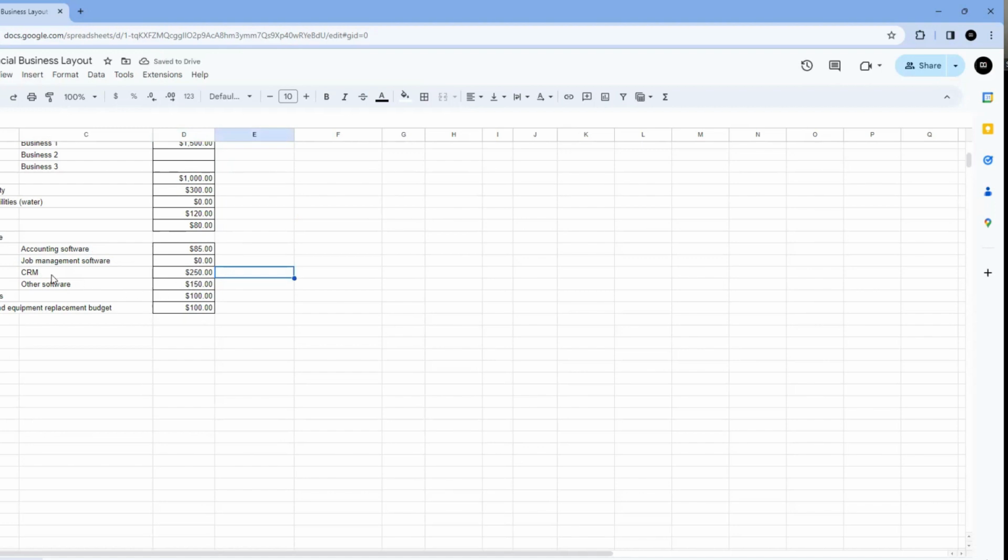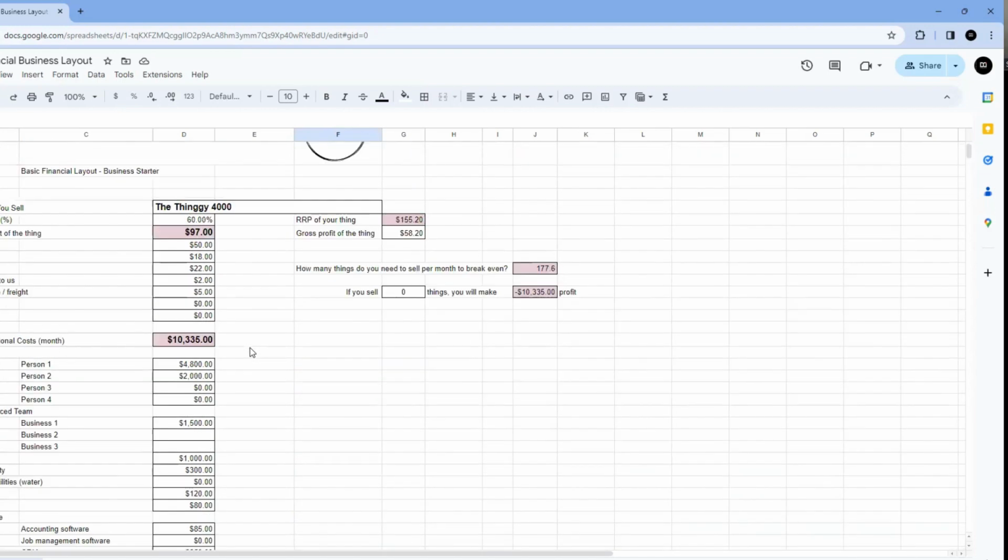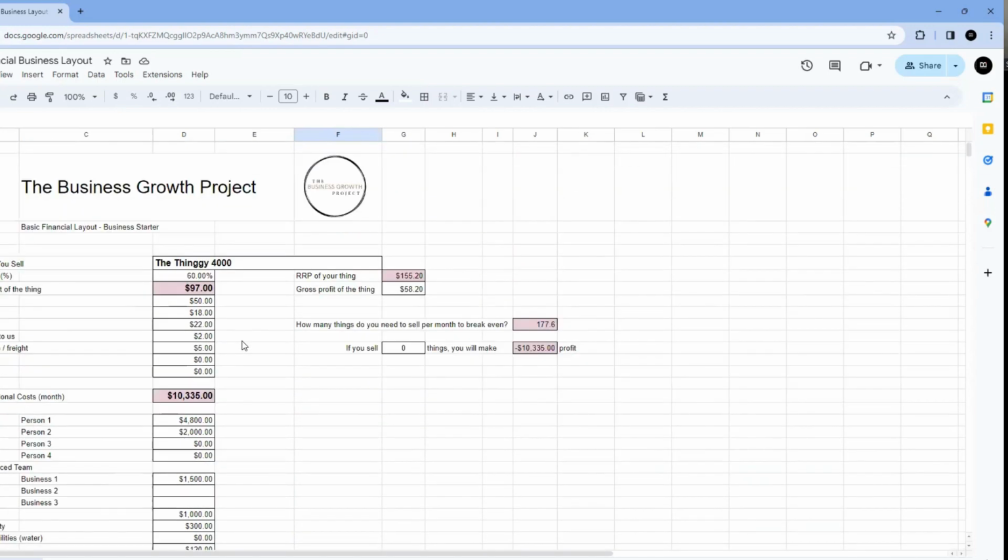A CRM will probably take care of everything that you need. Probably no other software that we need to do. Are we going to put us and our little worker in a uniform? Sure, let's call it $100 a month for a budget there. And tools and equipment, things that are going to break, things that we need to replace. We're going to have a monthly budget of $100 in there that we're just going to put aside for upgrading or replacing tools and material, or more so tools as we need it.